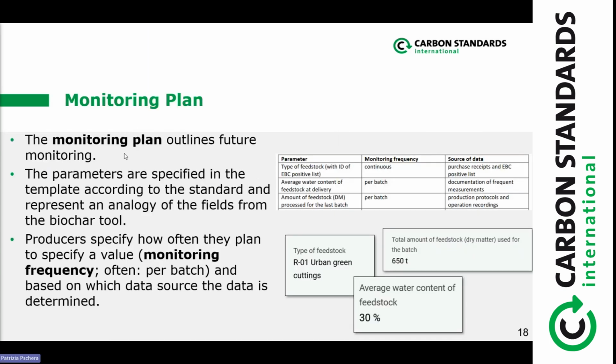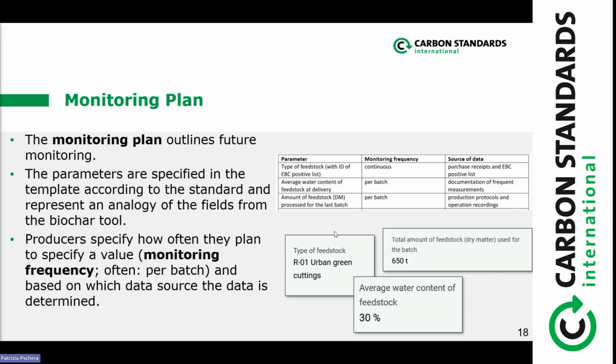The monitoring plan is one of the key parts of a PDD, where it outlines the future planned monitoring. The parameters are specified in the template according to the standard and represent an analogy of the fields from the Biochar tool.